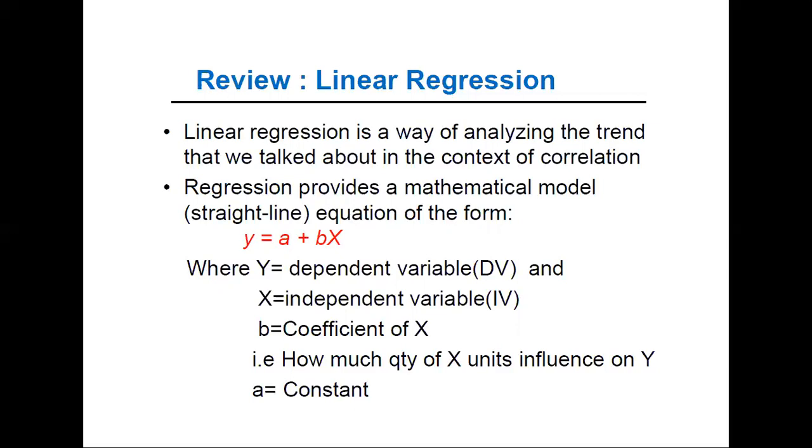But here the linear regression is different. It gives us a model equation to find the trend of the data for a response or dependent variable using another independent variable. I will explain what is dependent and what is independent variable here.